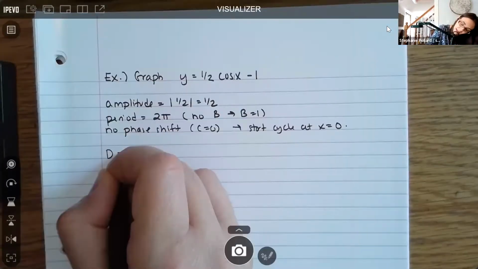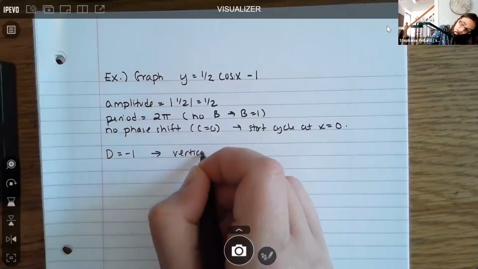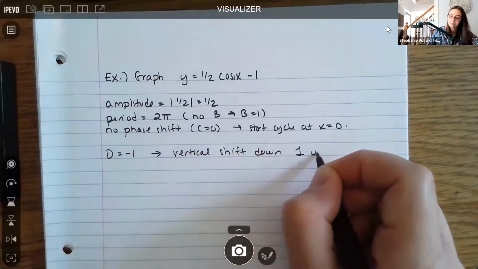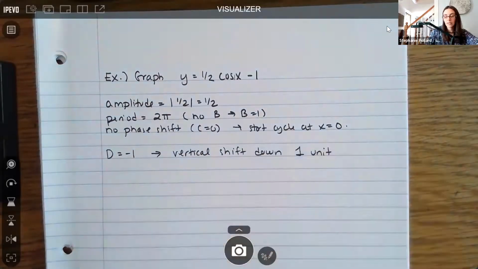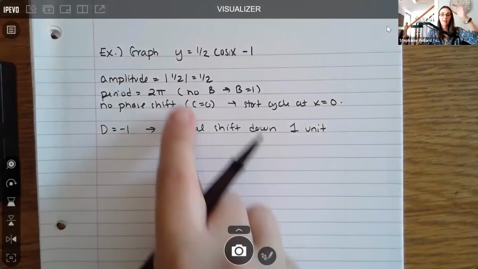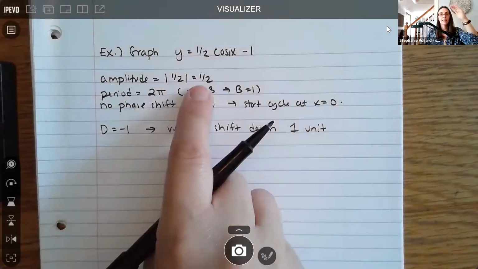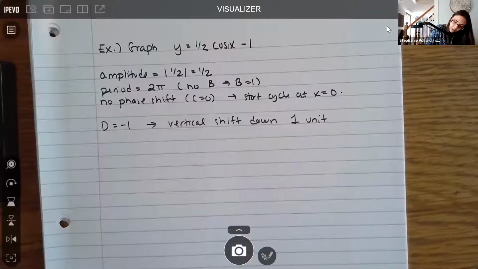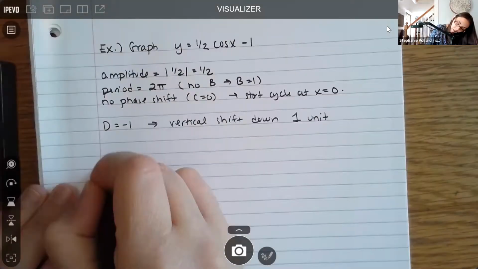So what happens is at the end, the whole graph is going to shift down. So instead of your max and min being at 1/2 and -1/2, it'll actually be at -1/2 and -1.5, because the whole thing is going to shift down 1 unit at the end. So we'll see that. Now you're still going to find your 5 key points the same way.